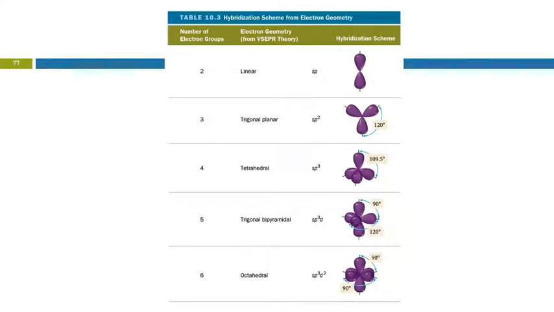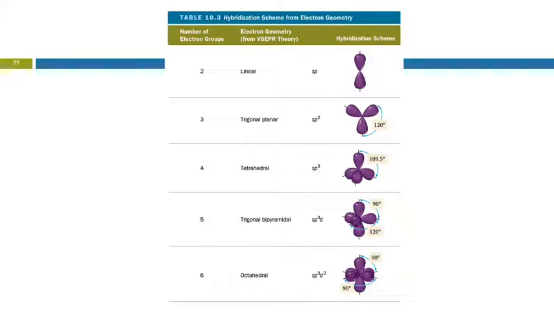So what we're going to do is look at VSEPR theory. We're going to look at the number of electron groups on the central atom, and that's going to tell us what the hybridization is. So if you have two groups, 1, 2, you need sp hybridization. If you have three groups, 1, 2, 3, you need sp2 hybridization. If you have four groups, 1, 2, 3, 4, sp3 hybridization.